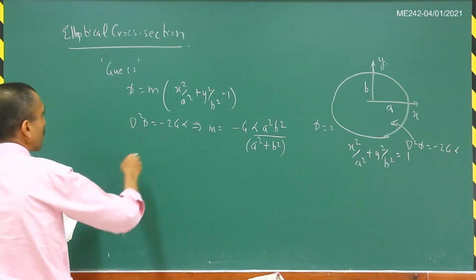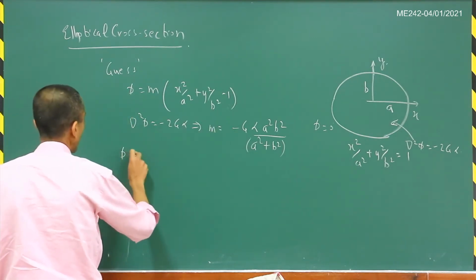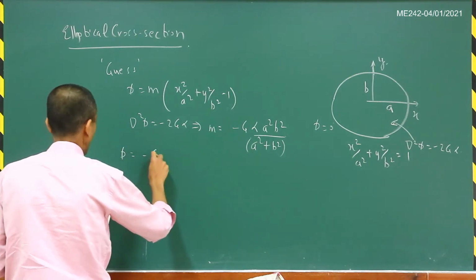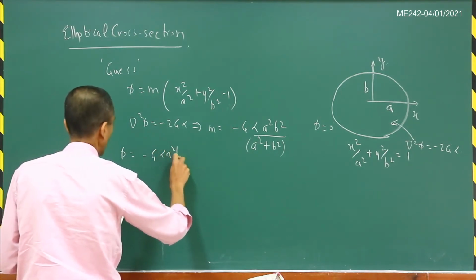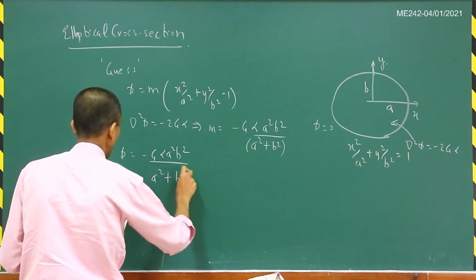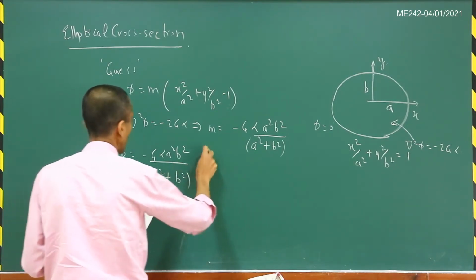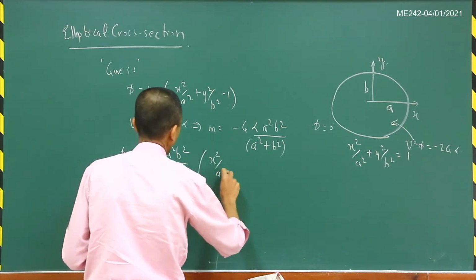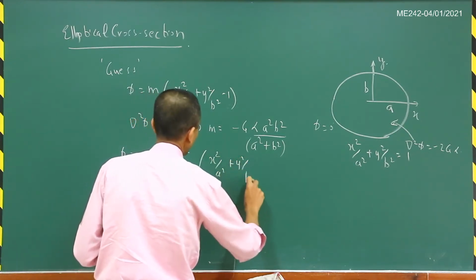If you substitute this value of m, we get minus g alpha a square b square divided by a square plus b square times x square by a square plus y square by b square minus 1.